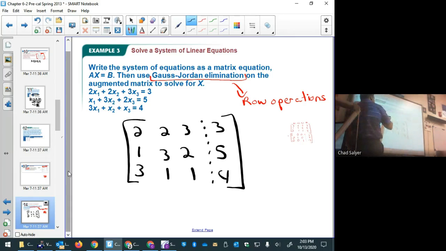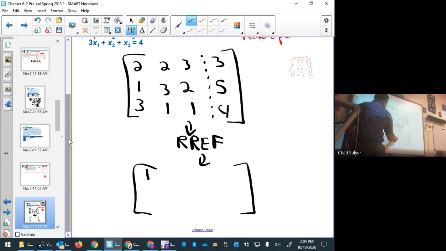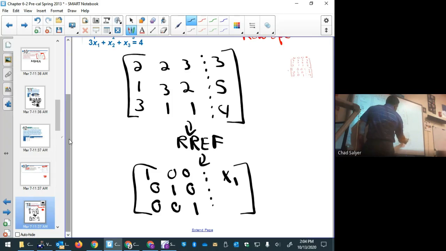And the variables are named weird, you know, x1, x2, x3, but there's still 3 separate variables, so don't let that throw you. So we plug this into the RREF machine, which does all those row operations for us, and the result's going to look like this. And whatever's here is x of 1, x of 2, and x of 3, respectively.